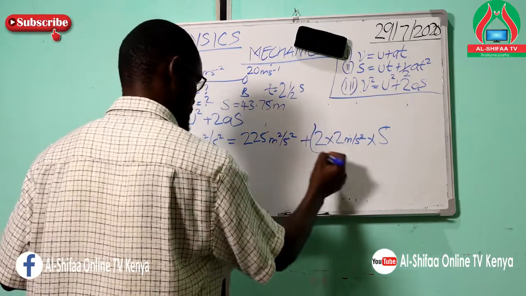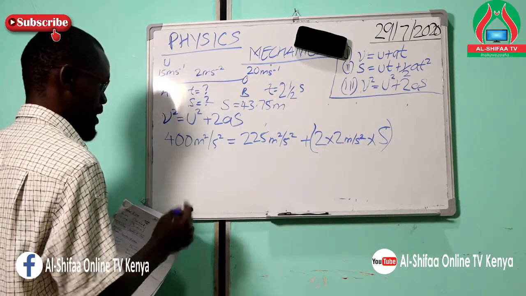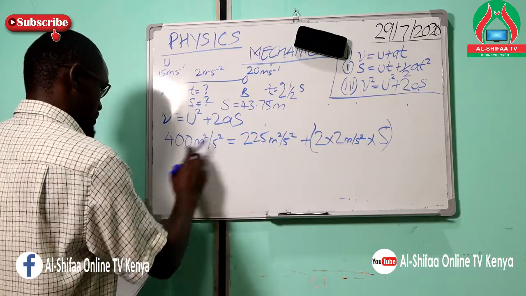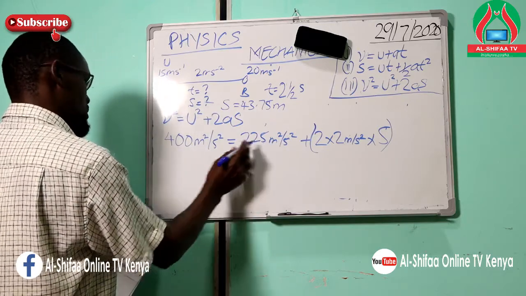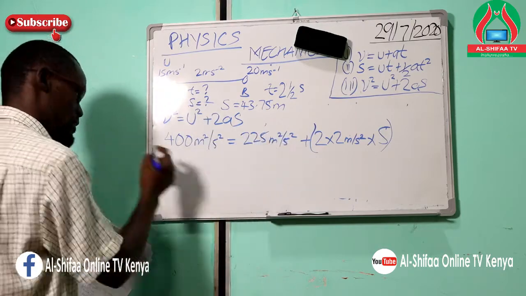So we can bring 225 to the other side since it has the same units as 400.